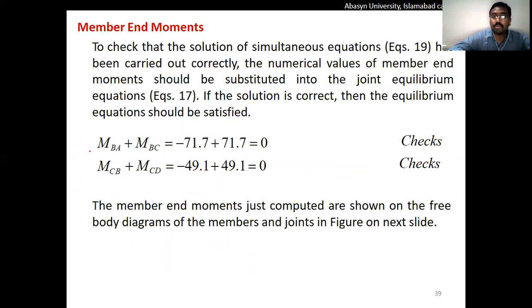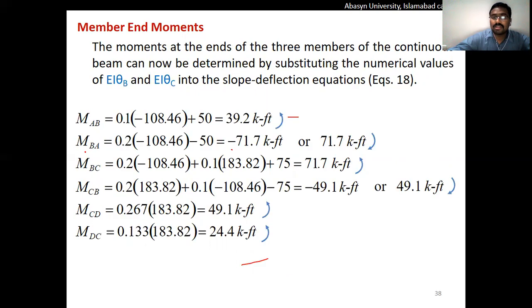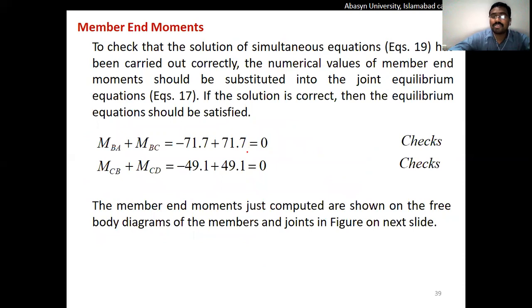So we put in the values we calculated: MBA is 17.17, MBC is again 17.17. One is in negative sign, one is in positive sign, and it ultimately comes out to be 0. So it indicates that the moments we have calculated are correct and there is no calculation mistake.